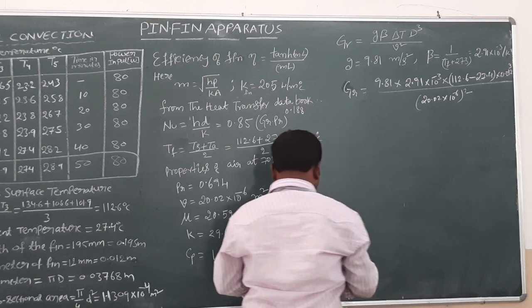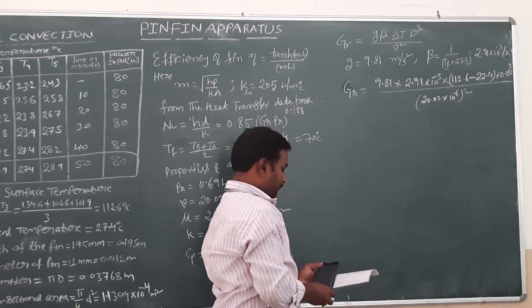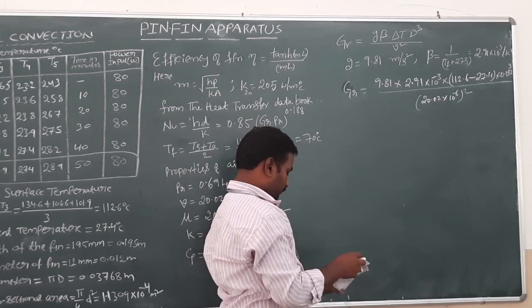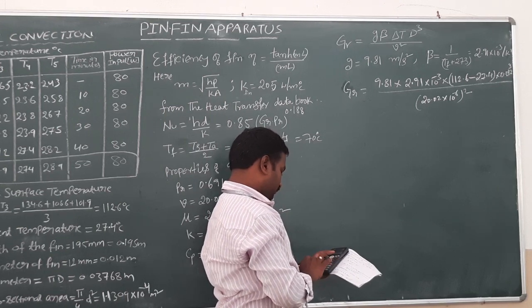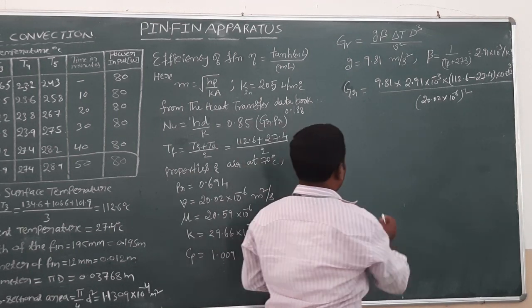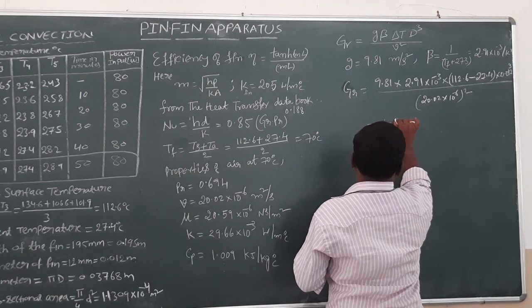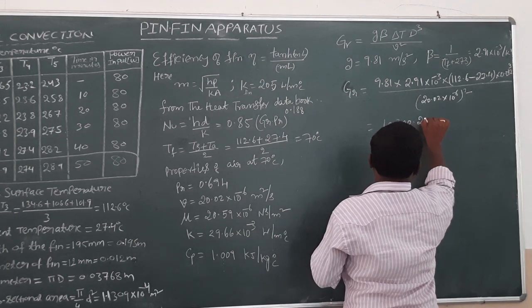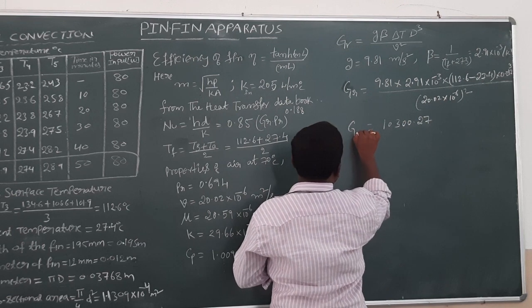Let us calculate this value by using the calculator. 103.00.27 is the Grashof number value.